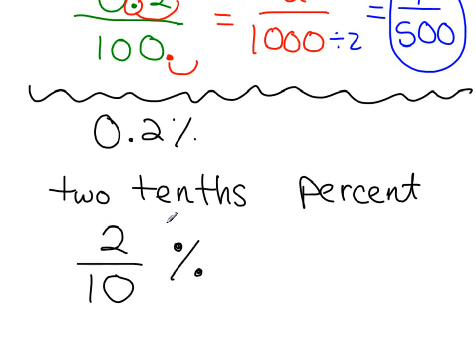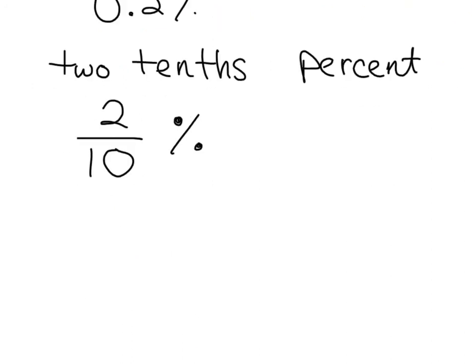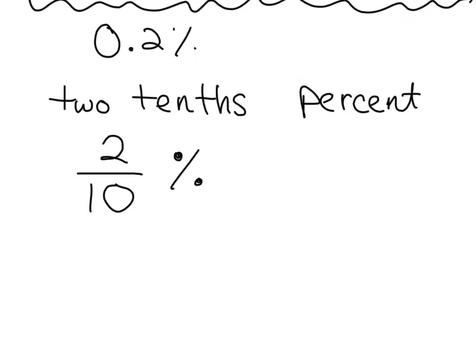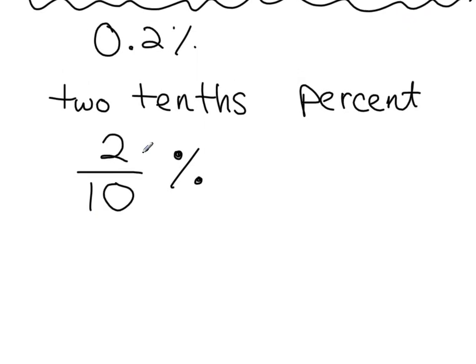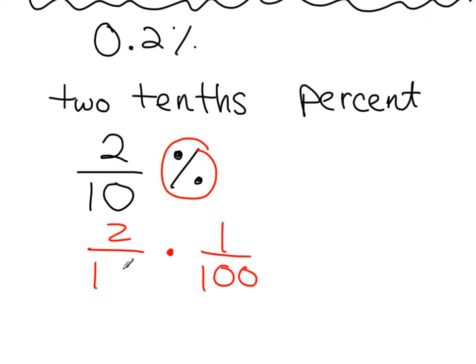Now I can take this fraction percent and change it into fraction notation. And I can go back to using the previous method, where I'm going to take percent and translate it to mean times 1/100. And I have 2/10 times 1/100.